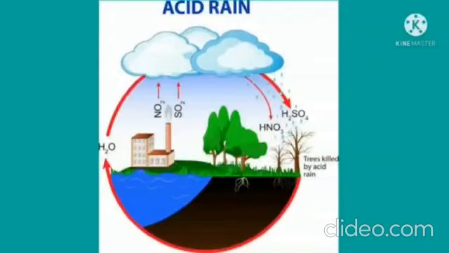They are sulfur dioxide, nitrogen oxide and carbon dioxide. These mix with moisture and fall as acid rains.